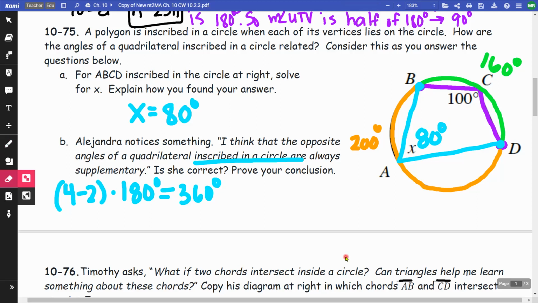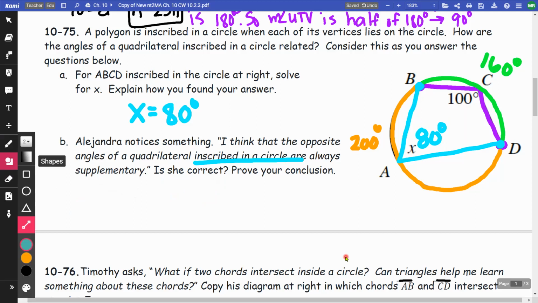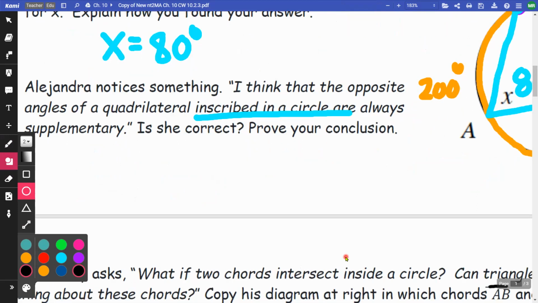If we take a circle, okay, I'm going to zoom in a little bit.